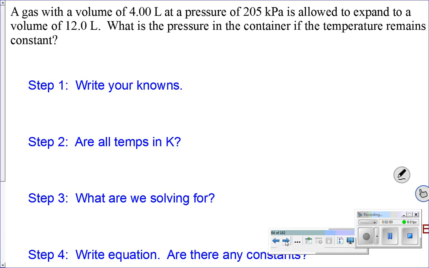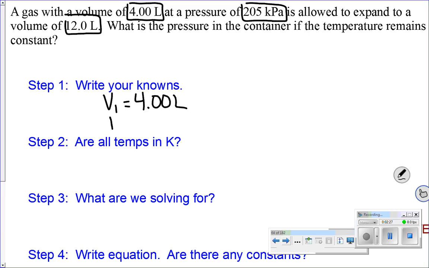So we're starting with a sample of gas with a volume of 4 liters and a pressure of 205 kPa. We're going to allow that gas to expand to a volume of 12 liters. What is the pressure in the container? The temperature remains constant. So we're going to write what we know first. We have an initial volume of 4.00 liters.